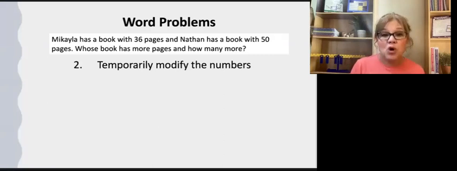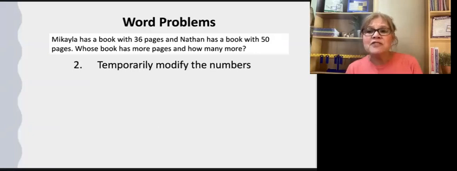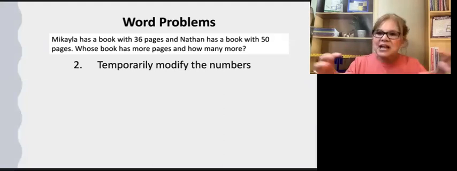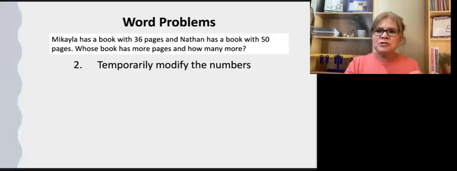Whose book has more pages and how many more? So instead of doing this problem as written, I would actually modify the problem to include smaller numbers so my child can focus on how to solve the problem first. Now, when modifying the problem, I'm going to use the same information, except I'm going to change the names and objects maybe, but I will give my child the same scenario, the same idea, but reduce those numbers.